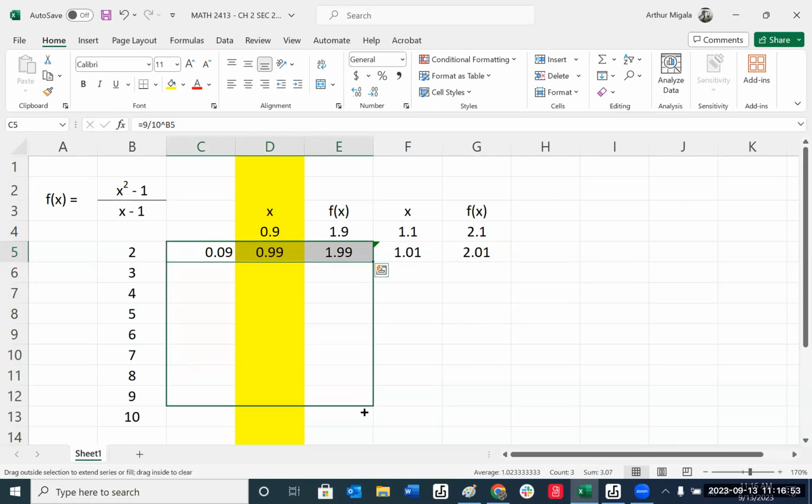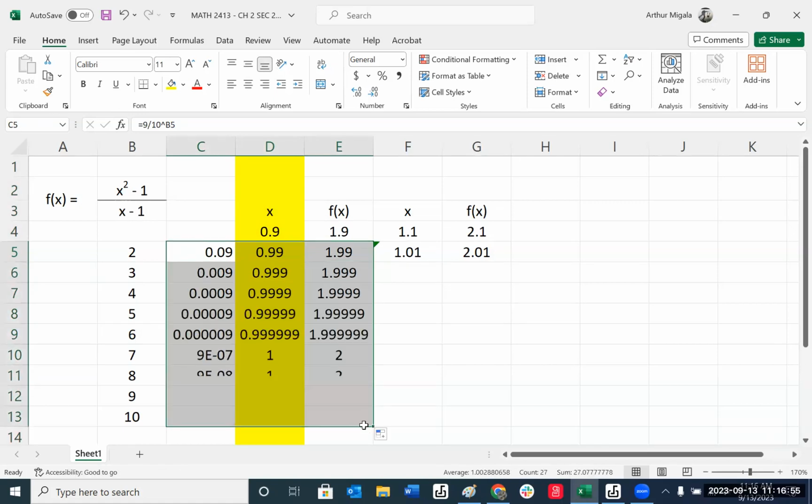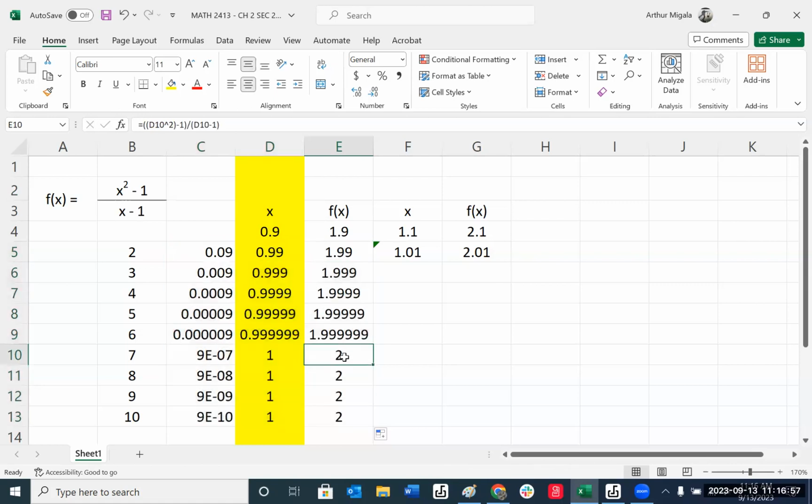As we get closer, we're getting to a limit point. With each step we get closer to 1, this is getting closer to 2. Now from the other side, from 1.1, let's go down.